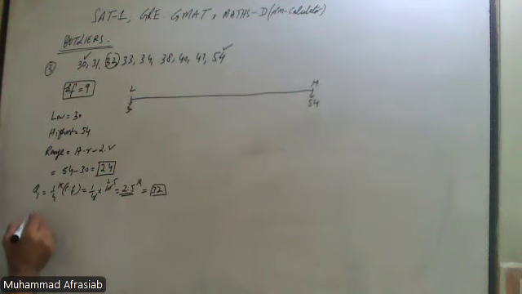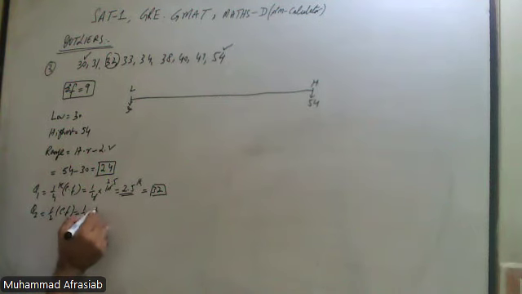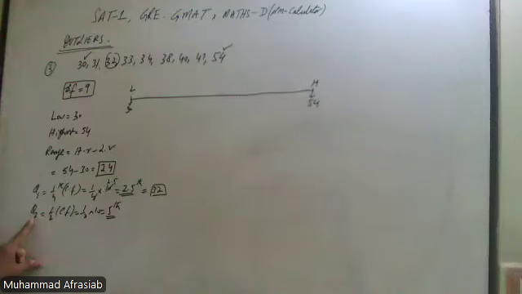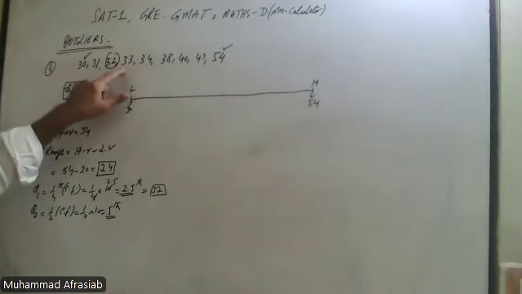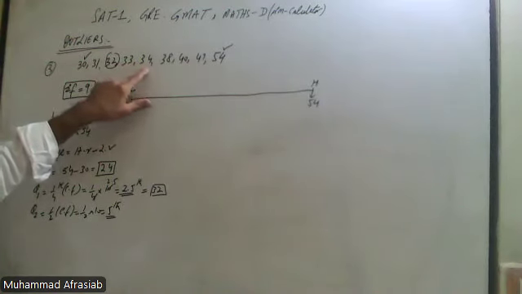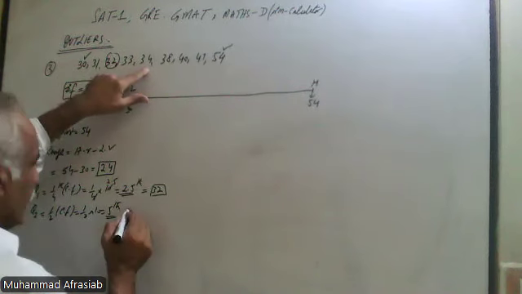Now we can find out the median. Half of CF, half of 10, so the number lying at the fifth position is known to be the median. So 1, 2, 3, 4, 5. So 34 is the median.